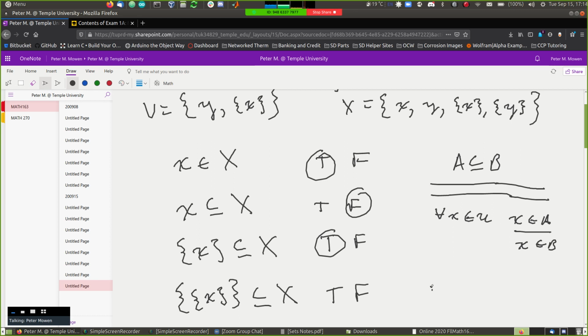So let me just say that, I don't want to use B because I used it up there. I'm just going to define some set P and say that it is the set containing x. We could then rewrite this as the set containing P, where we understand that P is itself a set.